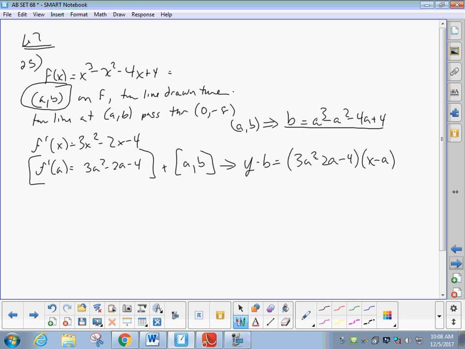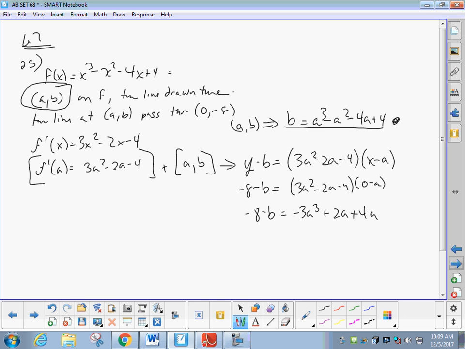So if I use that tangent line point, then I get -8 minus b equals 3a squared minus 2a minus 4 times 0 minus a. That feels like another relationship. -8 minus b equals -3a cubed plus 2a squared plus 4a.